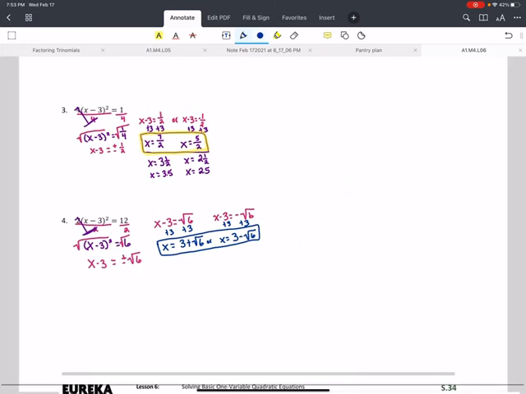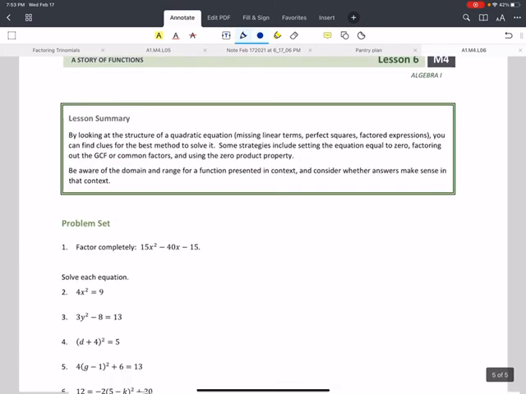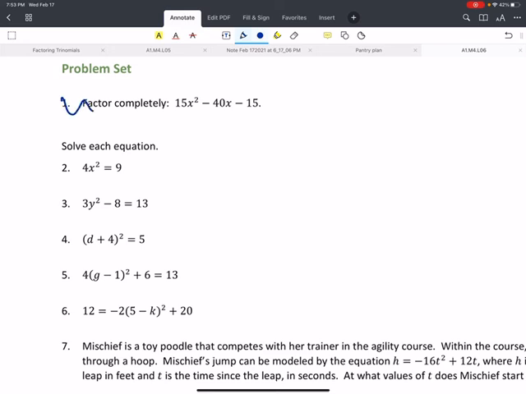Okay? So, what I want you to do, we skipped all these word problems. Okay? I want you to do the problem set. Skip number 1. On the problem set, I want you to do number 2, 3, 4, 5, and I want you to do number 6.